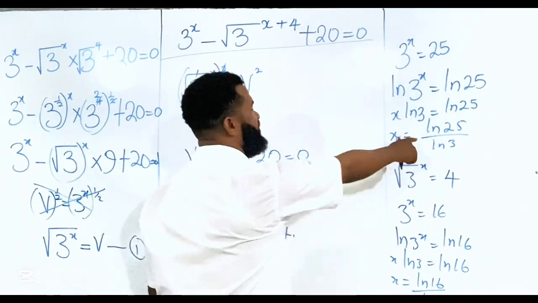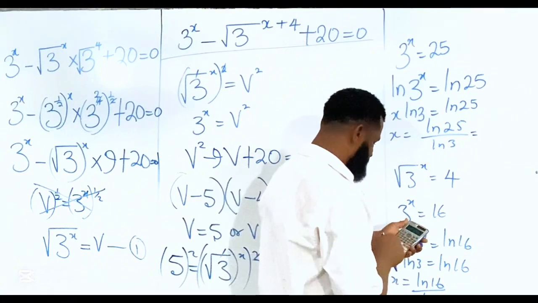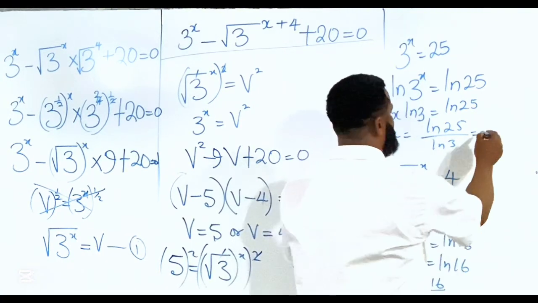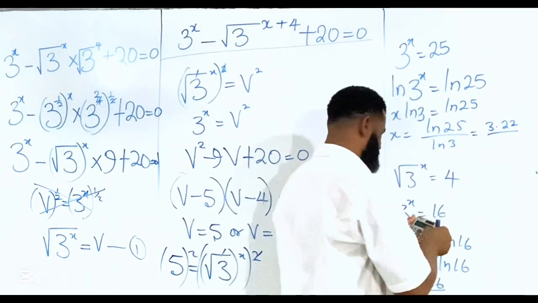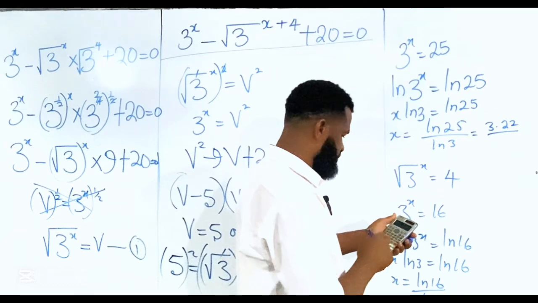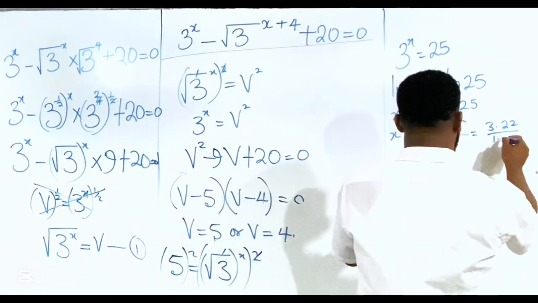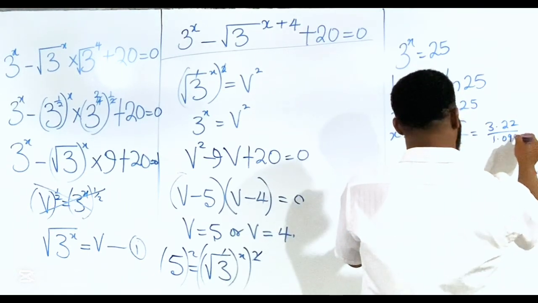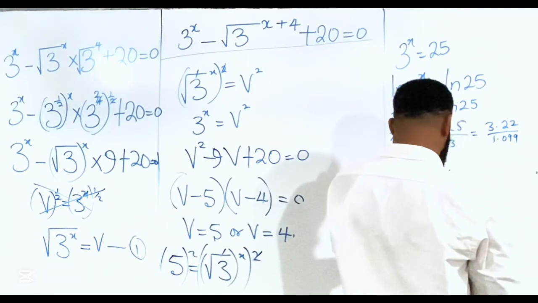All right, so let me find out what this actually is. Let me find that ln 25 is 3.219, all over what is ln 3? I'm going to have 1.099.